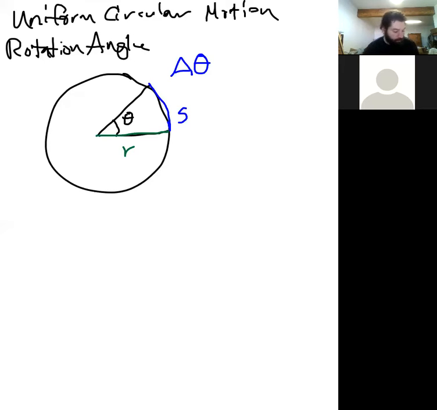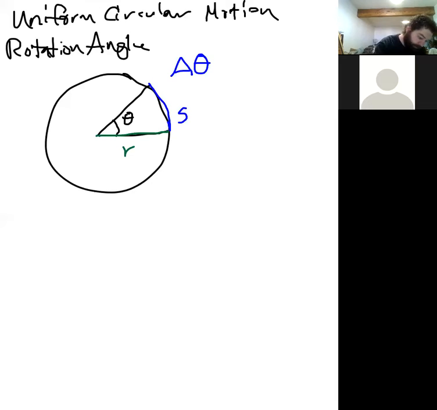And so we can say that the change in S is going to be the change in theta times R. Or the other way around, the change in theta is the change in S over R. We can write that both ways.